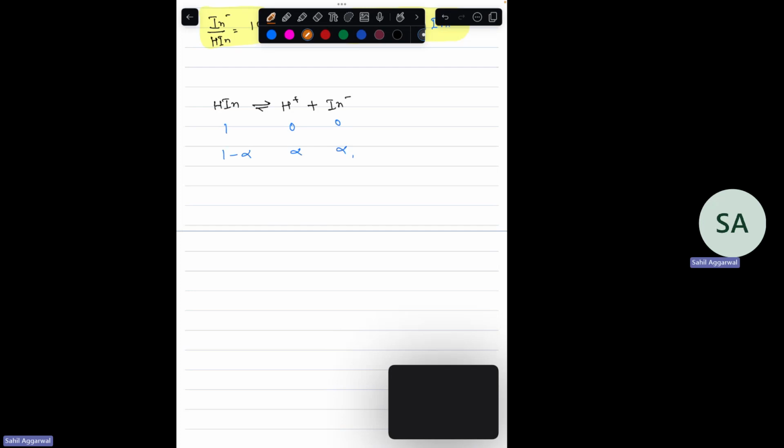So alpha is basically the percentage dissociation. Alpha would be concentration of IN divided by concentration of HIN.